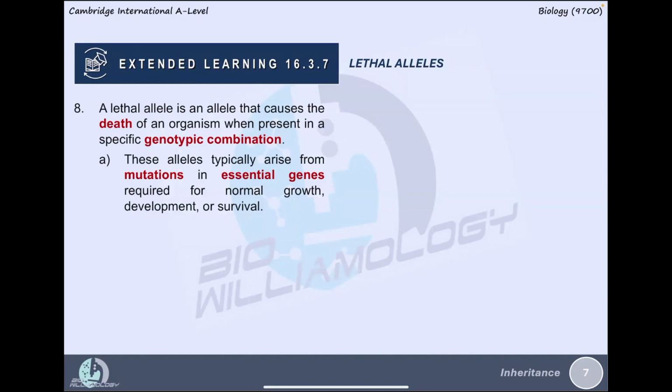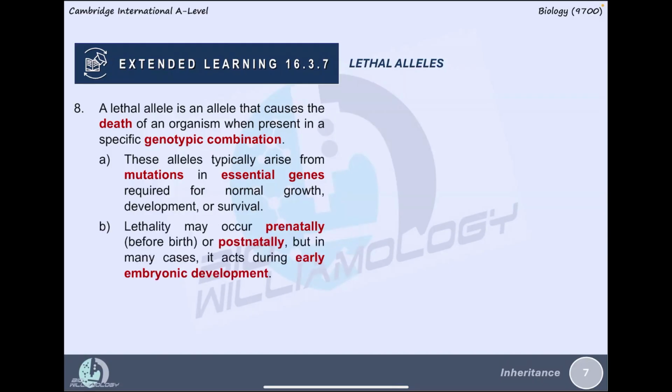Sometimes the mutation results in the production of a certain protein or enzyme which catalyzes the production of a toxin, and the build-up of the toxin kills the embryo before it can develop into a fetal stage. So lethality may occur prenatally or postnatally, but in many cases, it acts during early embryonic development.